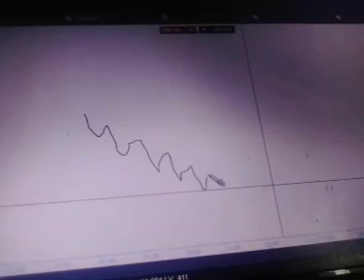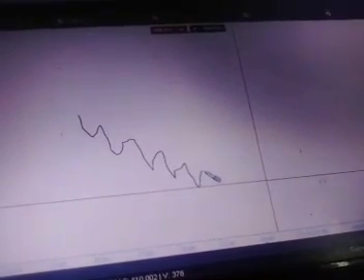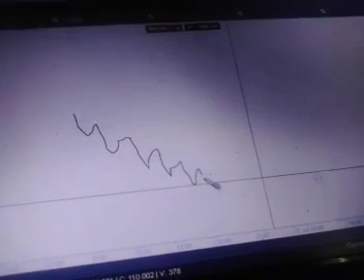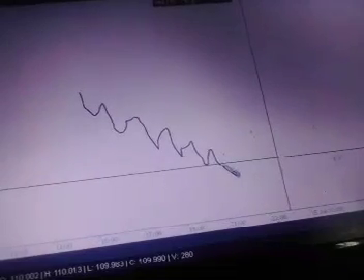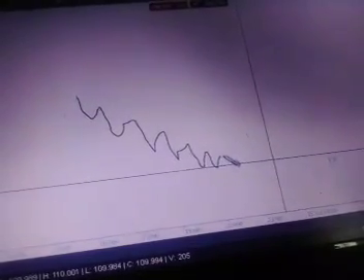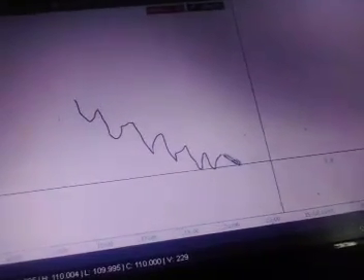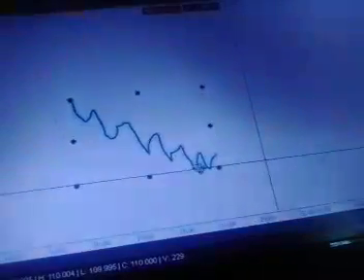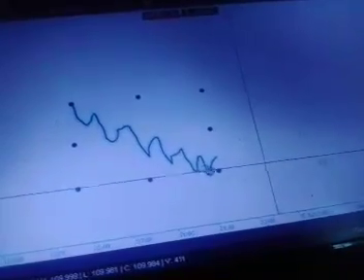It goes up there. It makes another lower high, and then when the market comes back to this level, it fails to break this level and make a lower low. So from this level we make what is known as a double bottom, or equal lows. When this low is equal to this low, we call it a double bottom.